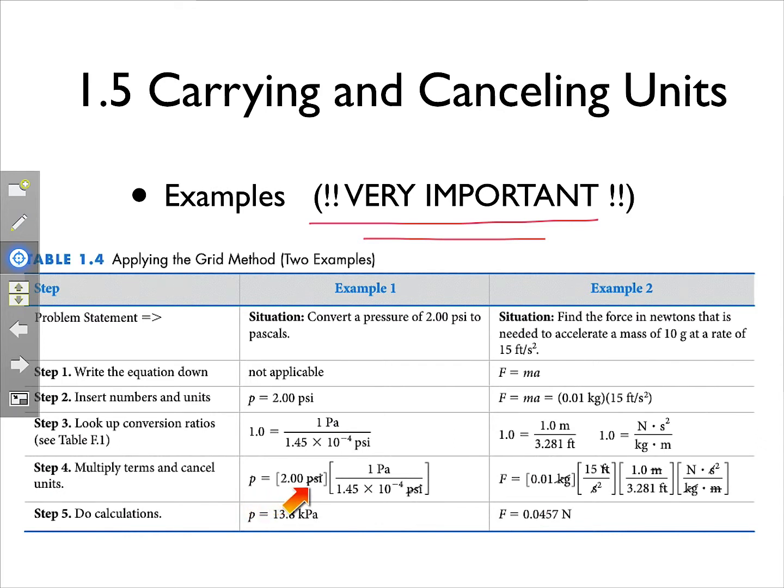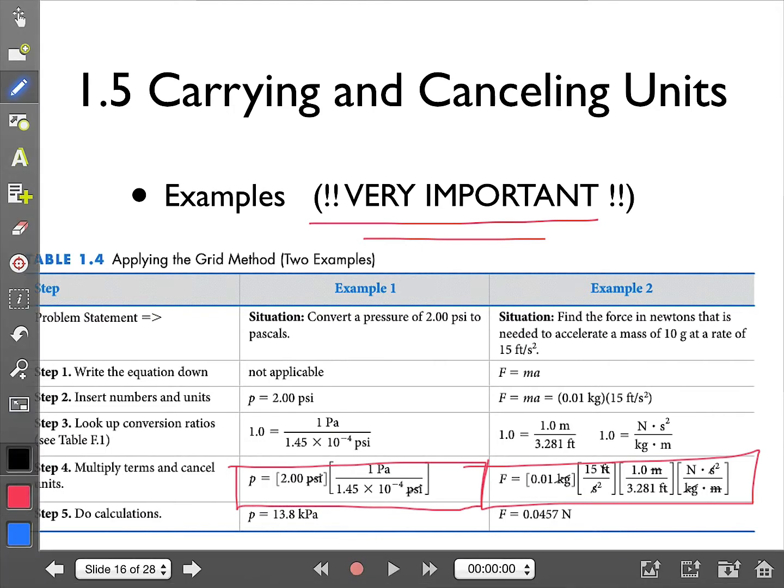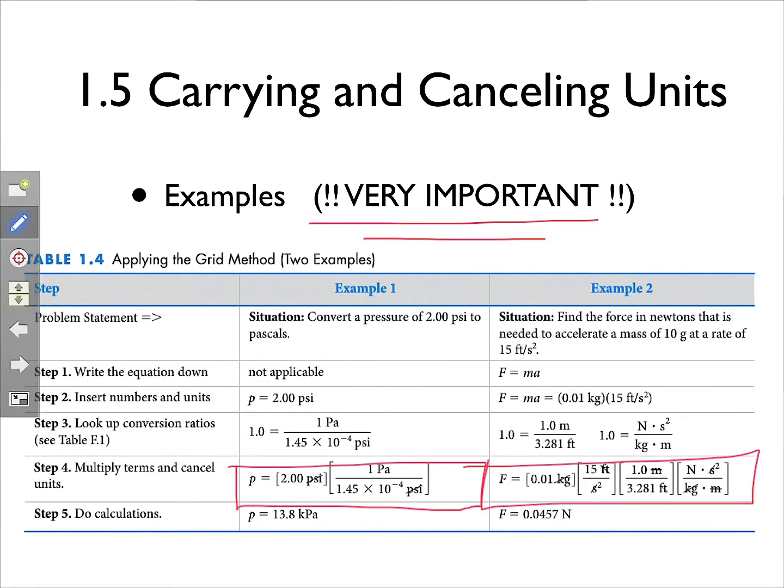All steps should have units on the numbers. That is the type of thing that I'm looking for in your homework assignments when you have to cancel units and deal with equations. Okay? So that's what we're all striving for.